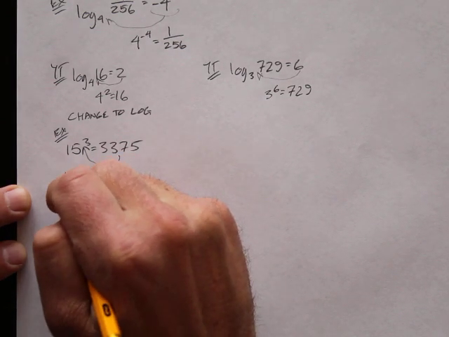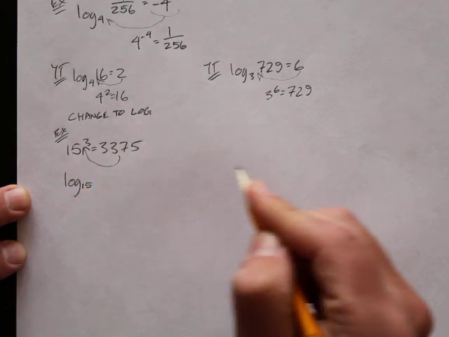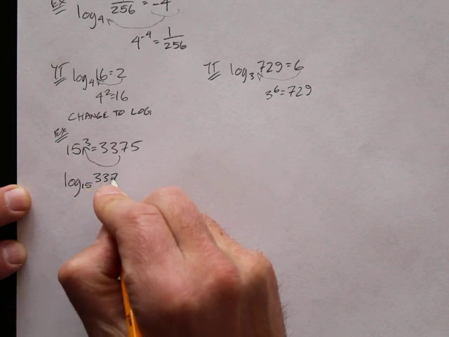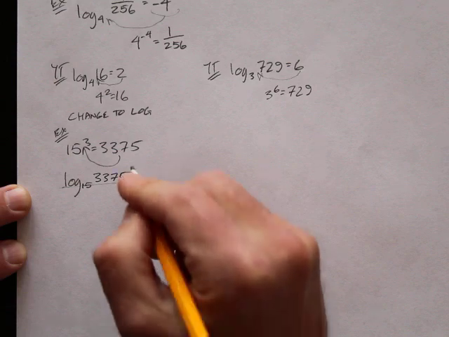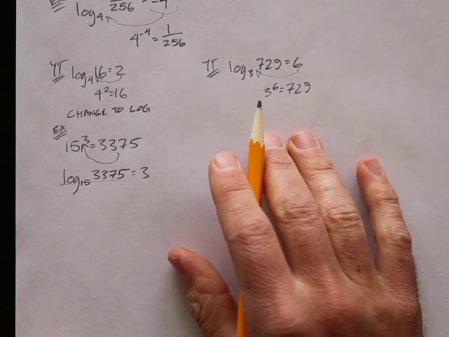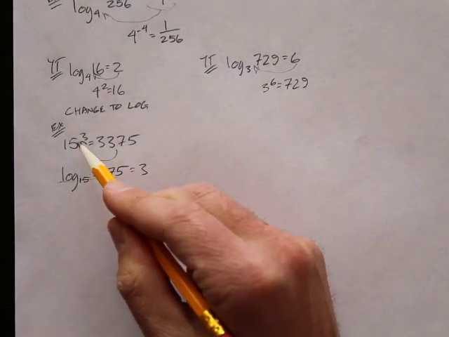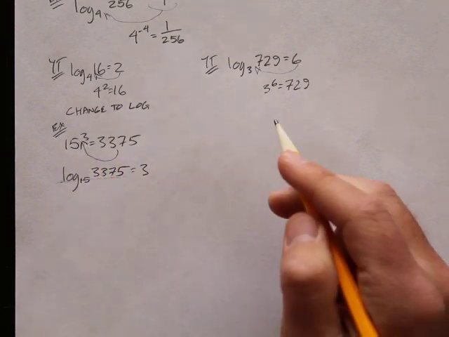So what happens is I get log, the 15 falls down to the base, and then I've got 3375 right there on the same line as the log equals 3. So same kind of idea. This guy gets squished up between them. The one on top falls over, and the other one just squishes down.